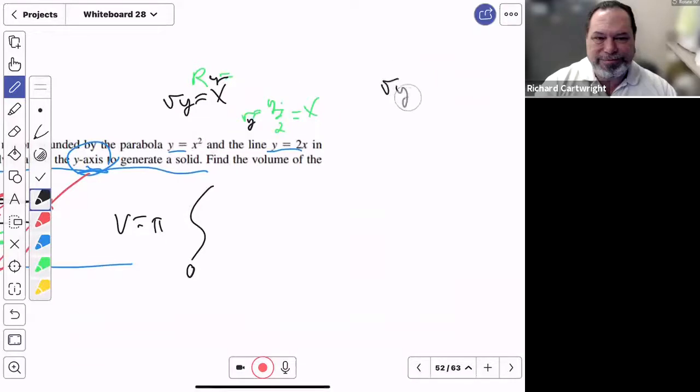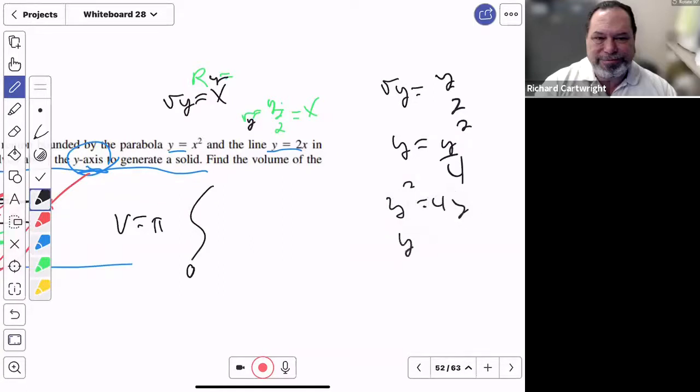Square root of y is equal to y over 2. Square both sides. Y is y squared over 4. I'll make it y squared equals 4y, and I'll put it all on one side.